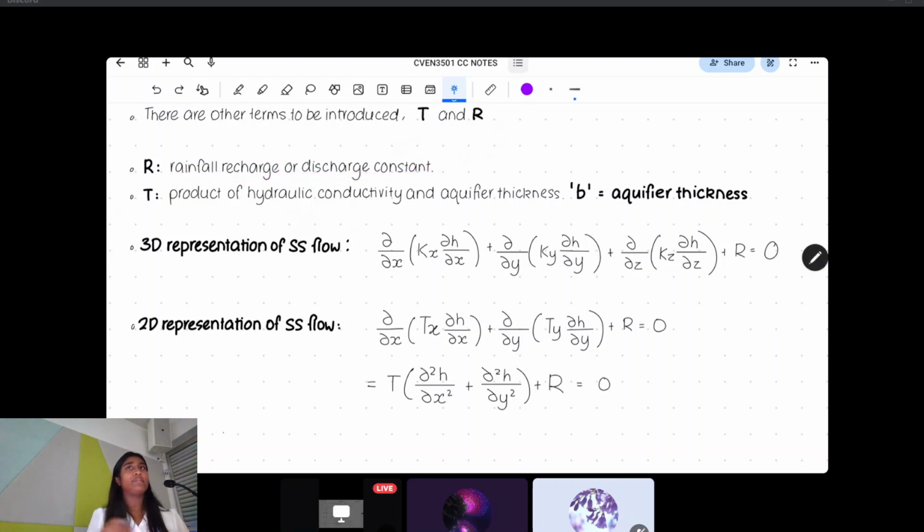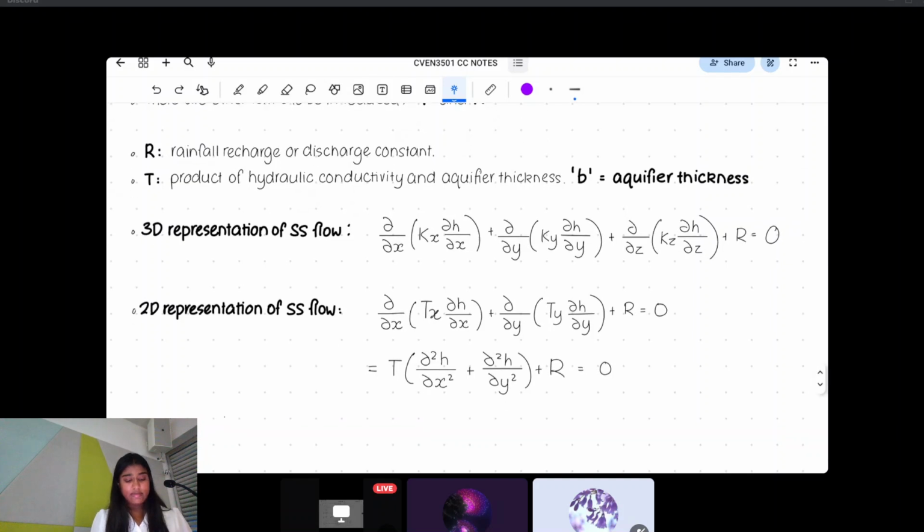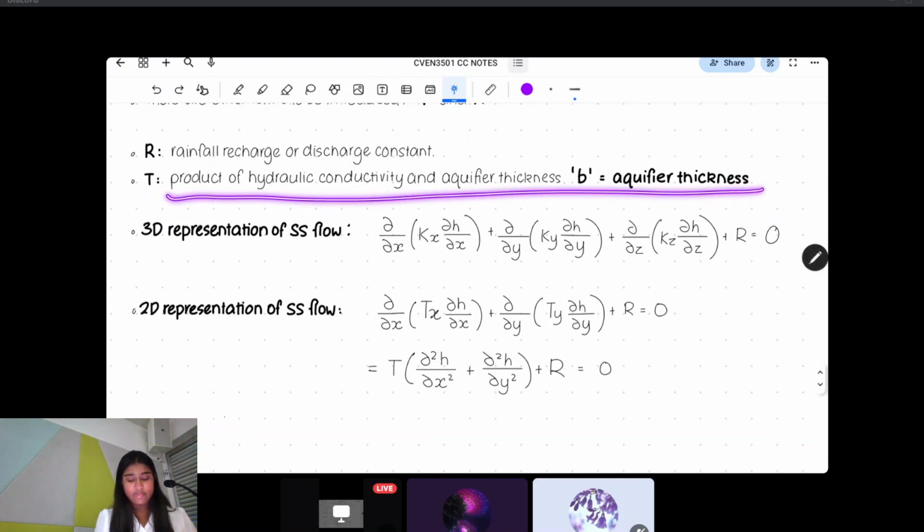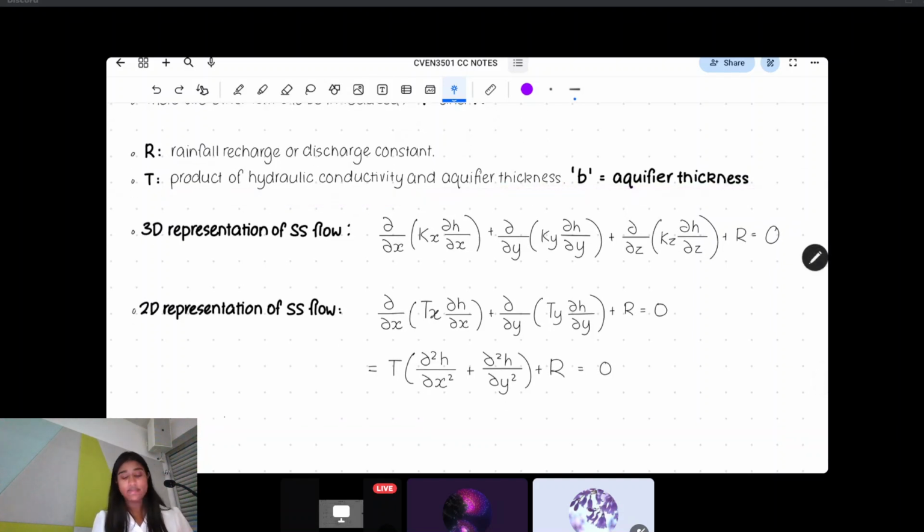So that will allow you to account for any water table replenishment, or if you're in a drought, then it'll allow you to figure out how quickly the water drained from that water table. And then T is a product of hydraulic conductivity and the aquifer thickness, which is little b there.